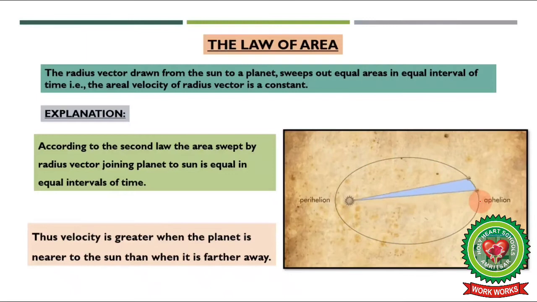When it is away from the Sun, its velocity decreases to cover equal area in equal intervals of time. The area covered in a particular interval of time is called its areal velocity. So throughout its revolution around the Sun, it sweeps equal areal velocity.